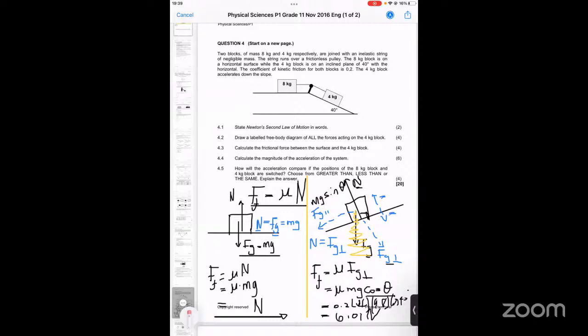Yes, because we want the back and forth forces when we formulate. You see, this one is taking a completely different direction. When we do calculations, if the normal force is in that direction, we want to work with its opposite force, which in that direction will be FG perpendicular.